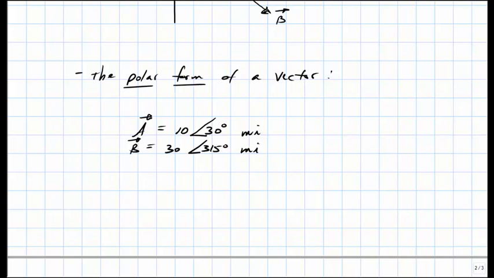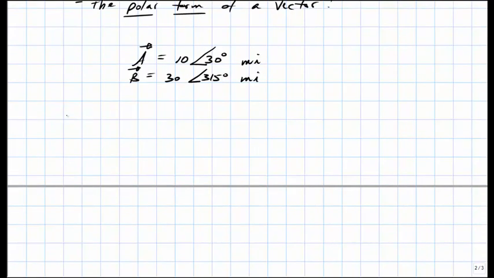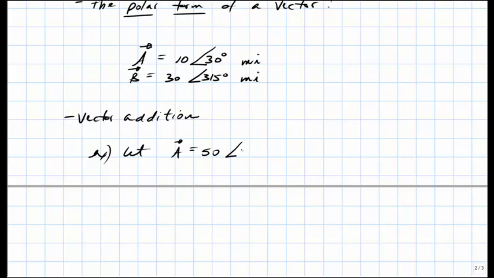We will now talk about vector addition. In this example, we're going to introduce two vectors. We'll let the first vector, called A, equal 50 miles at a direction of 30 degrees.